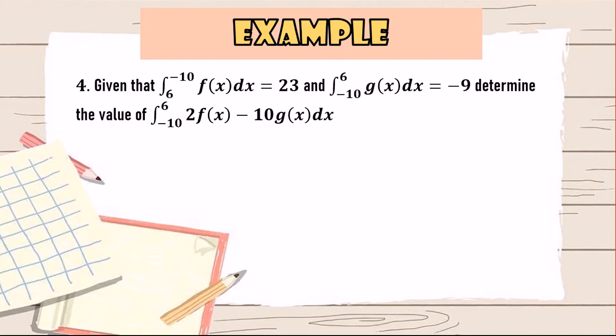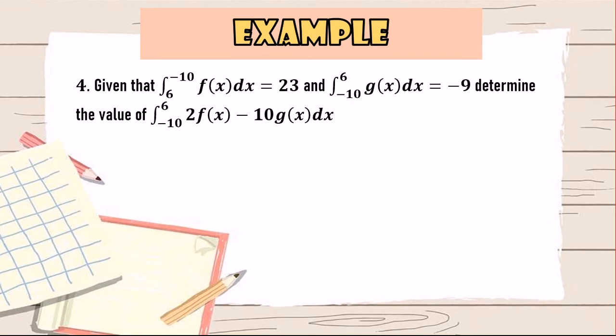Example 4. Given that the definite integral of f of x dx from 6 to negative 10 equals 23, and the definite integral of g of x dx from negative 10 to 6 equals negative 9, determine the value of the definite integral of 2f of x minus 10g of x dx from negative 10 to 6.